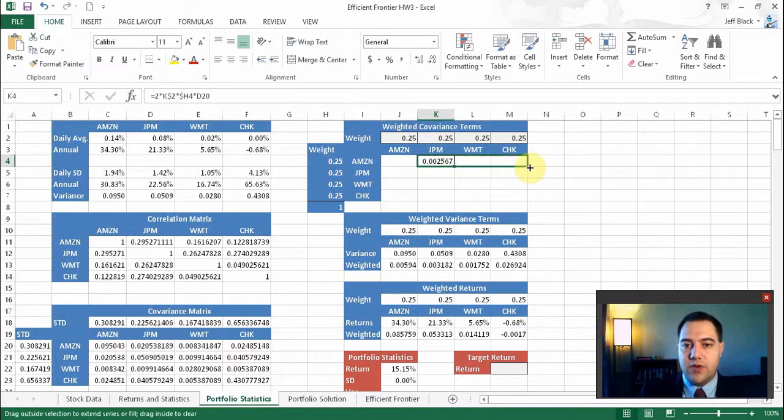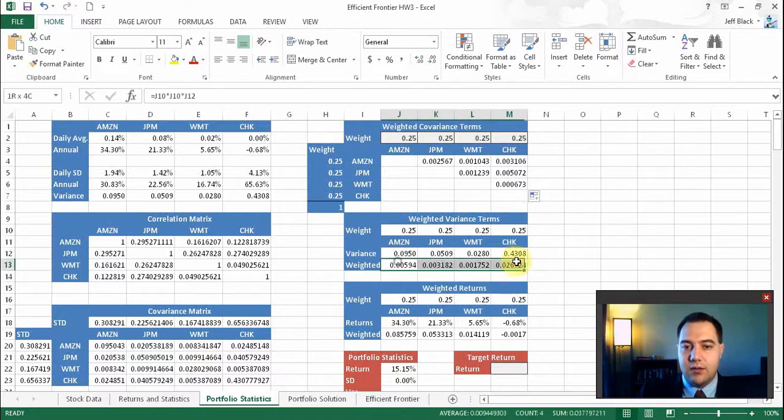Okay, we'll drag this over, drag this down, and one more time. Now we have the upper half of the covariance matrix, right? Like I said, we don't need the diagonals because those are handled here, all right? The variance terms. And we don't need the lower half because we've put the 2 in there.